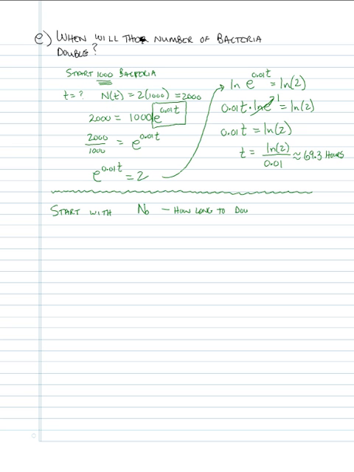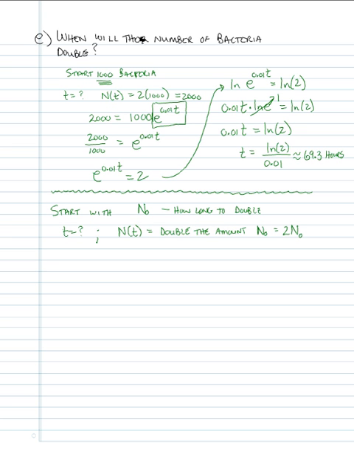Okay. So we're wanting to know the t value. Okay, we're wanting to know a t value so that the left side, the amount we have, is equal to double the amount that we start with. Double the amount, and what did we start with? N sub 0. Well, what's double that amount? 2 times N sub 0.